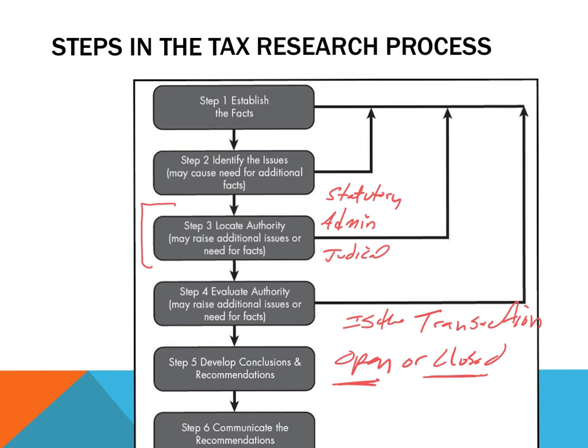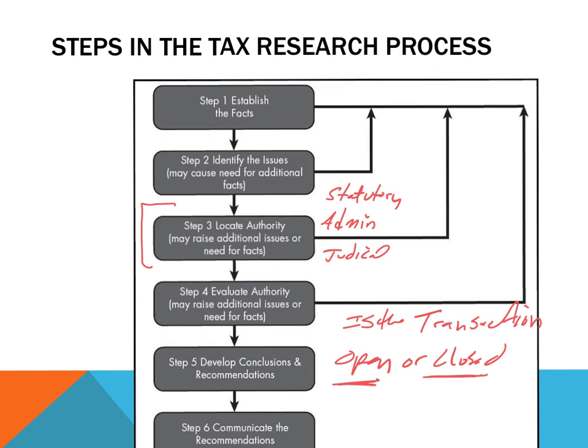But a lot of situations can be made better or made less awkward if you have good communication, right? There are times when you are going to tell clients things they do not want to hear. You are going to tell them that the transaction that they've already completed is going to be treated a way that is not beneficial to them. But how you communicate that is going to, in some part, determine their reaction.